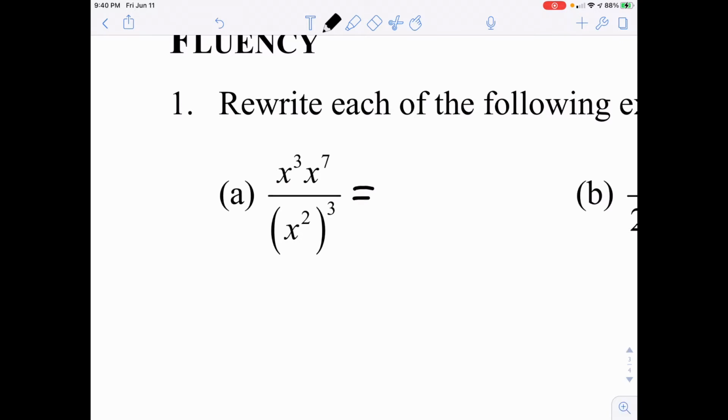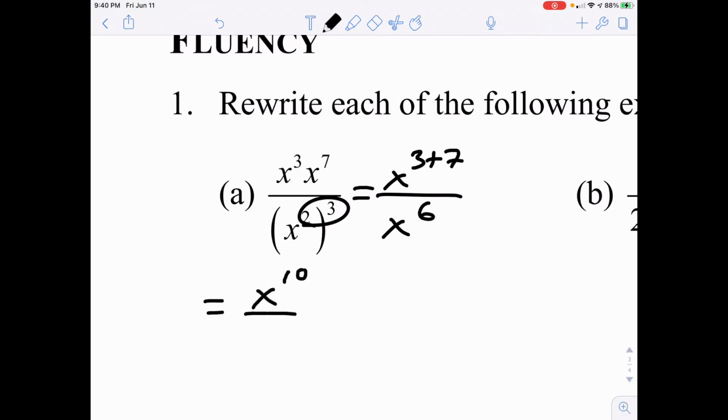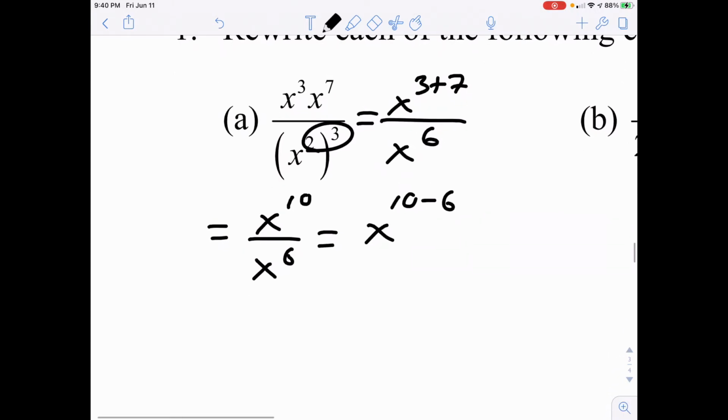That would be the same as x to the 3 plus 7 all over x to the 6th. So this would be x to the 10th divided by x to the 6th, which is x to the 10 minus 6th, which is x to the 4th.